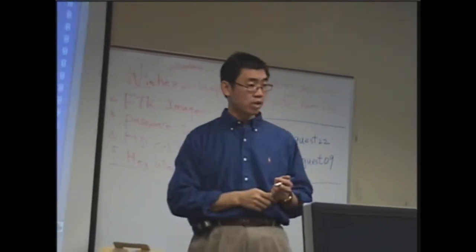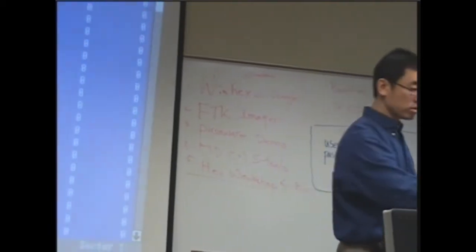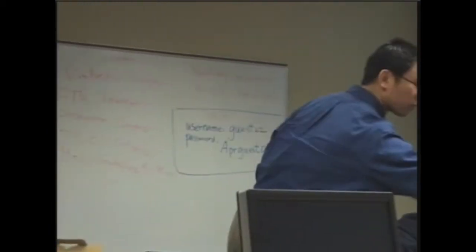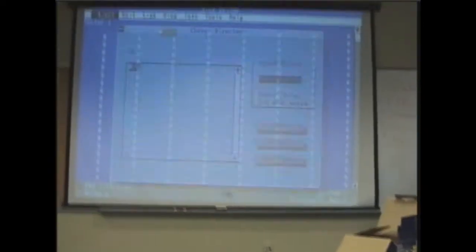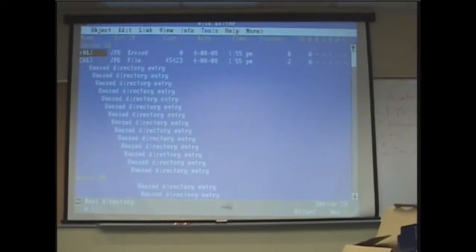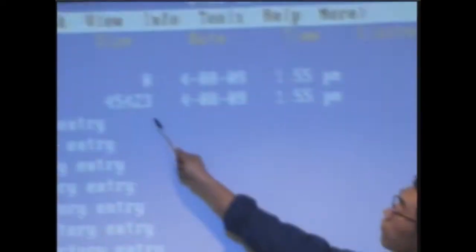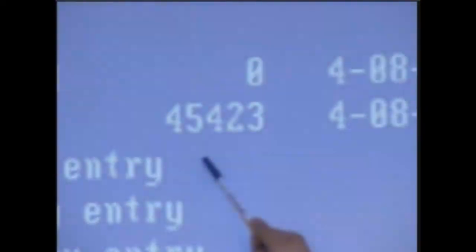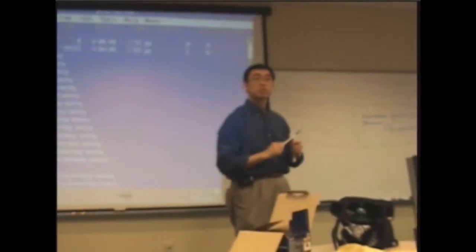Go back to the objects, Alt and O. Go to directory. Hit OK. Yes. All right, we have to write it down in cluster 2, right? And also file size is what? 45,423. And then you have to divide by 512.